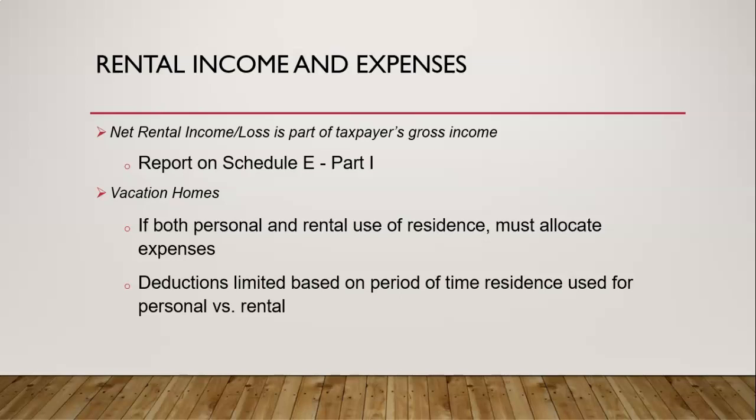You can't subtract all of your, say, utilities or maintenance costs on that because you had some personal use of it. Deductions are limited based on the period of time that the residence is used for personal versus the amount of time you used it for rental.